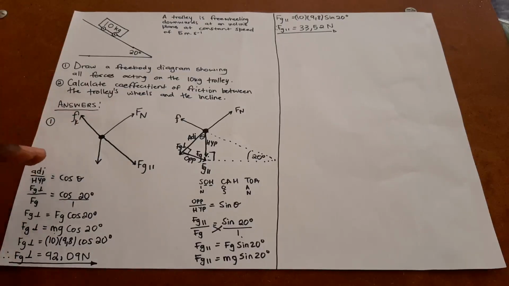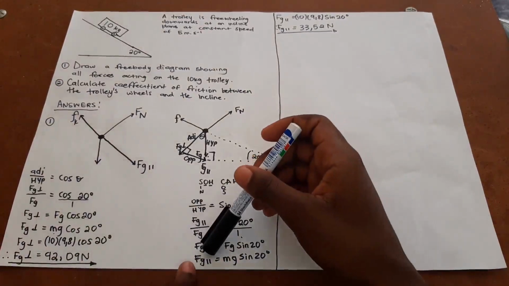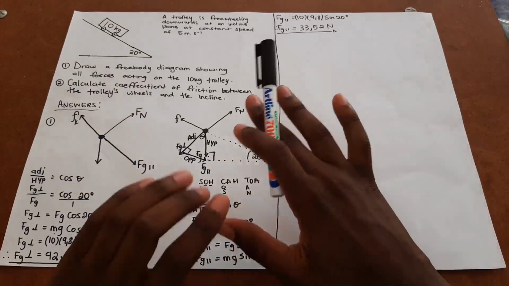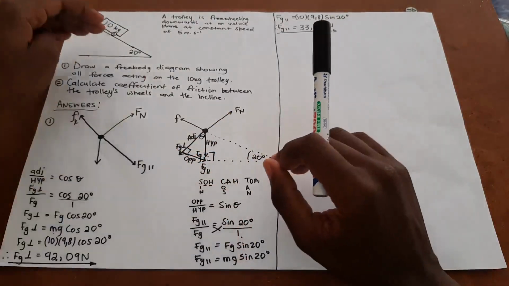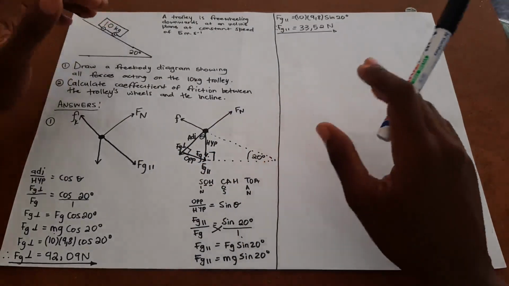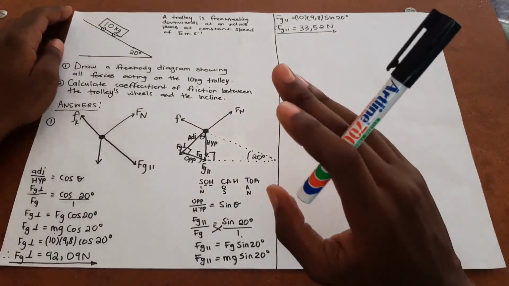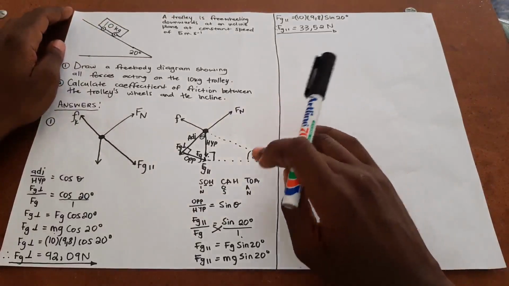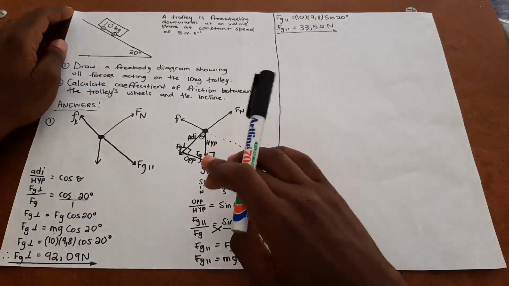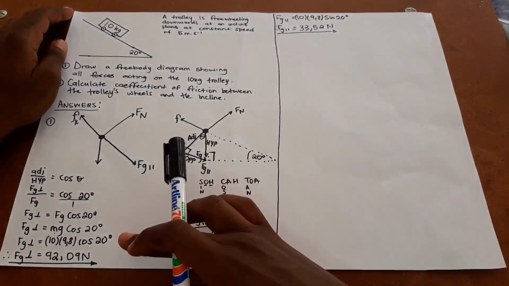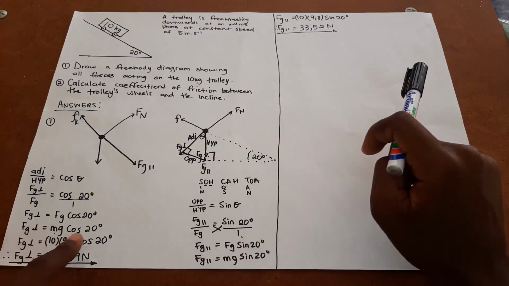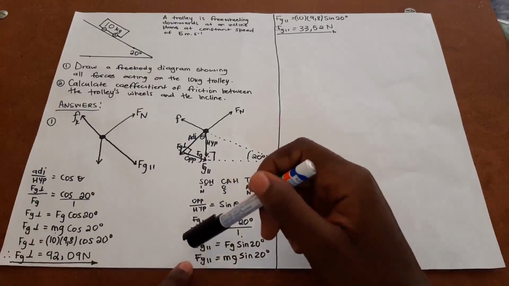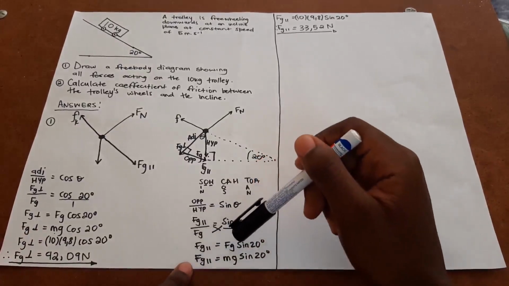Oh, okay, I was going to tell you that in each and every scenario whereby you have to deal with objects moving on an incline, you should know the formula for the gravitational force components. FG perpendicular is equal to mg cos theta, but FG parallel is equal to mg sine theta.